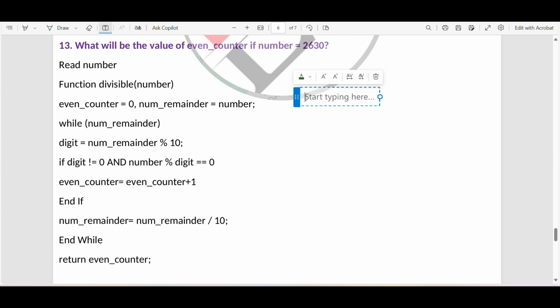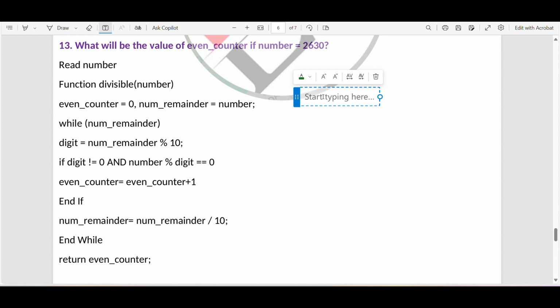So first let's read the number, which is 2630. And see here, we are having a function which is divisible number. Number is a parameter, and we are having even counter as 0. I think there is no need to write all this.